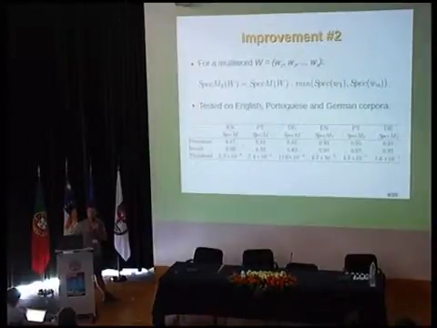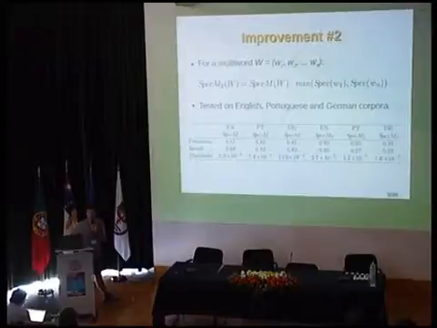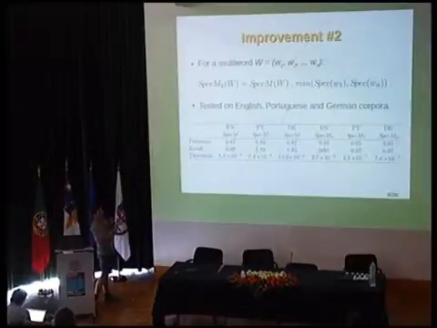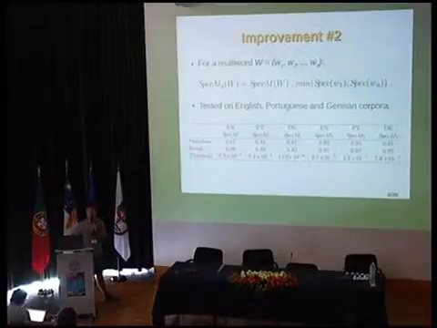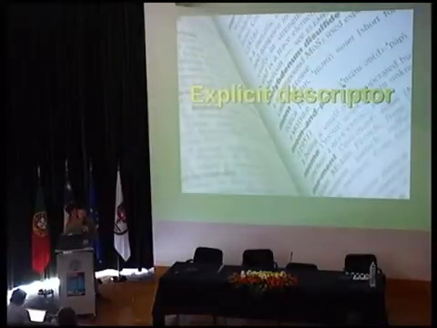We tested for many languages: English, Portuguese, and German. For instance, for English, we improved from 87% precision and 89% recall to 93 and 95. Okay, and the threshold results also change. So we had a new frontier for multi-words, but this is not important for this work.